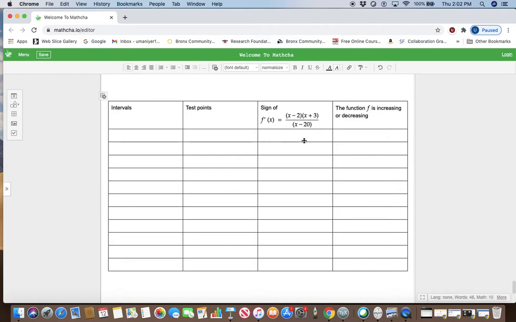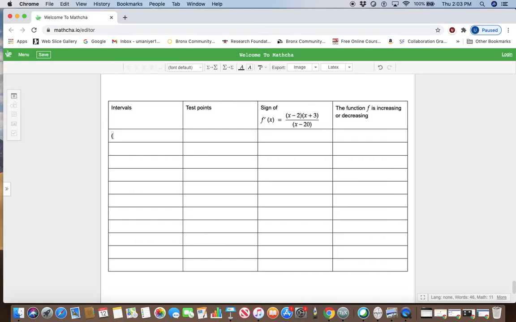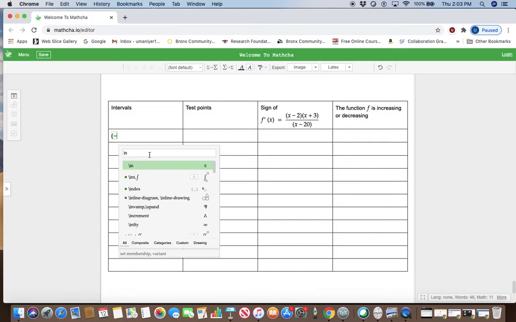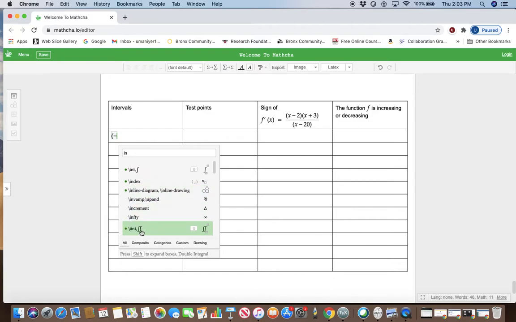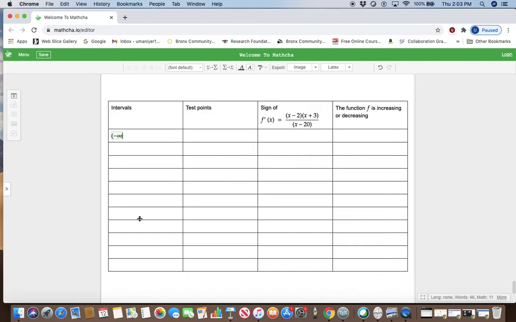So what are the intervals? I'm in math mode: negative infinity, infty, that's infinity, infty, comma.